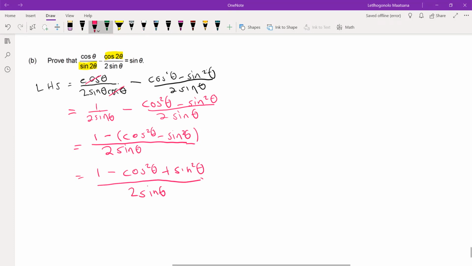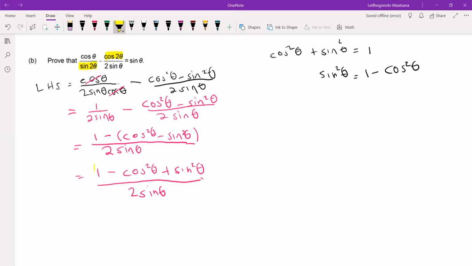Now we know that cos squared theta plus sine squared theta gives us 1, and sine squared theta will now be equal to 1 minus cos squared theta, which is exactly what we have over here.